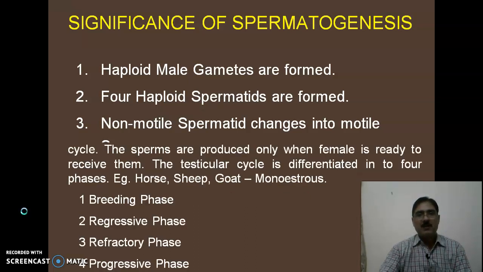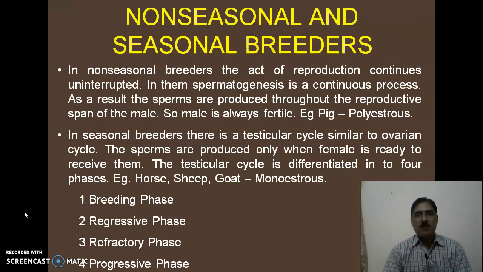Now there are two types of breeders. One, the non-seasonal breeders, and the other, the seasonal breeders. In the case of non-seasonal breeders, the act of reproduction continues uninterrupted. It means they breed throughout the year.